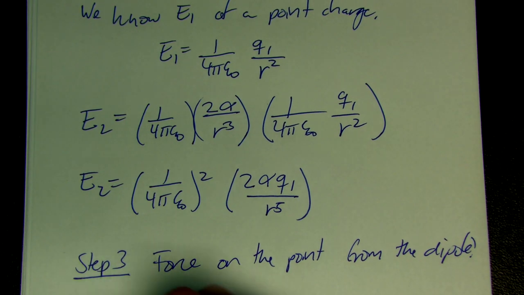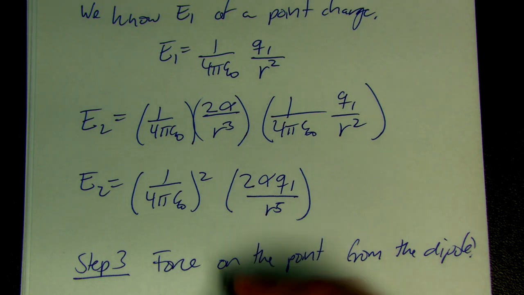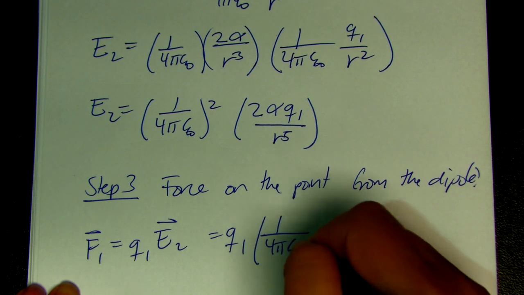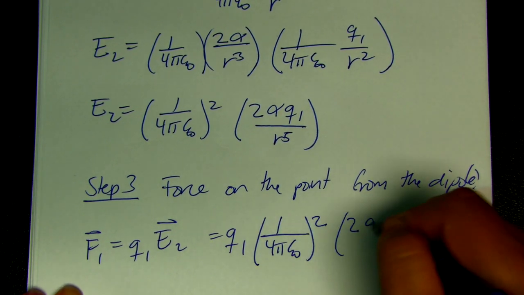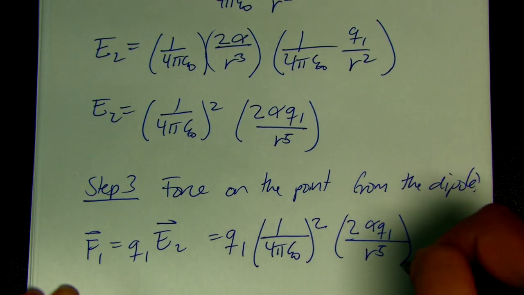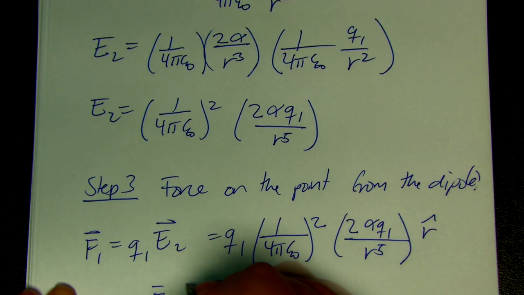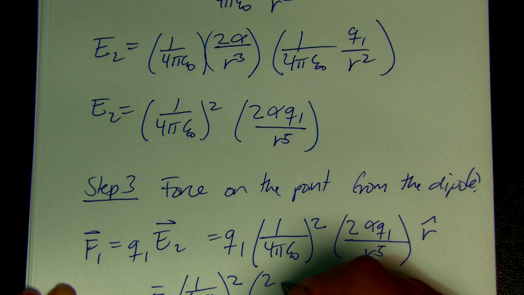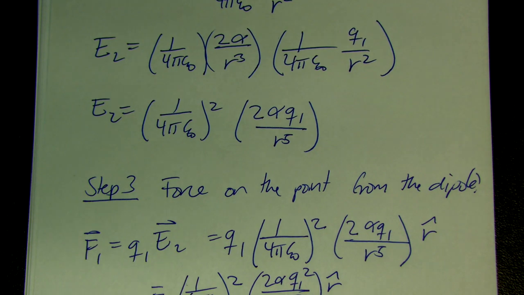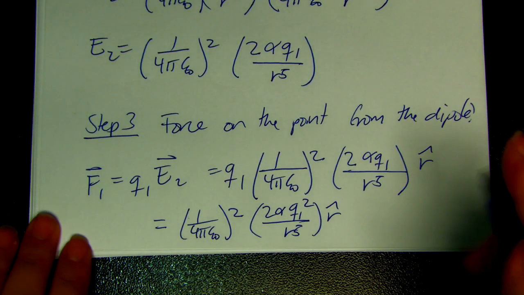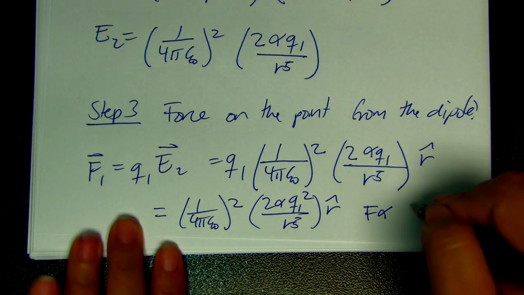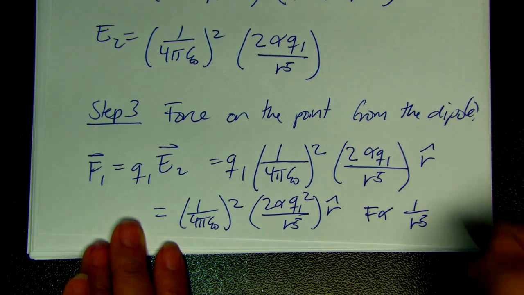So F1 is equal to q1 E2, which is equal to q1 times 1 over 4 pi epsilon naught quantity squared 2 alpha q1 over r to the fifth times r hat, and this is equal to 1 over 4 pi epsilon naught quantity squared 2 alpha q1 squared over r to the fifth times r hat. And what we can see is that the force on the point charge of a polarized atom will scale by a factor of 1 over r to the fifth.